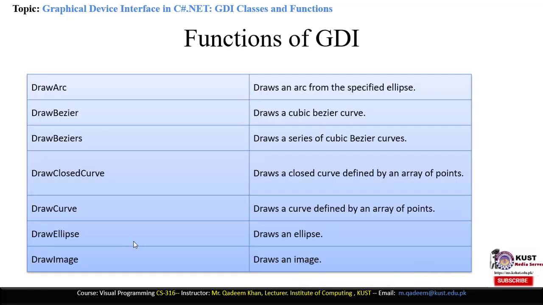Now it is very important to understand the functions of the GDI. The functions are different methods which are in fact used to draw different components of the graphical objects onto the form. The first method is the draw arc method.